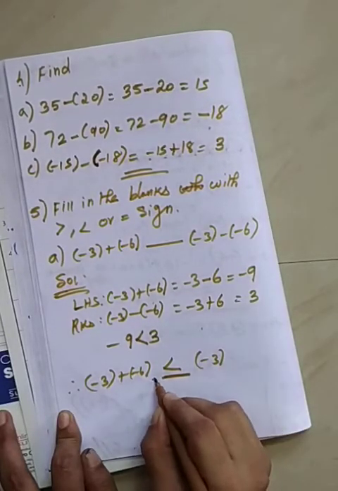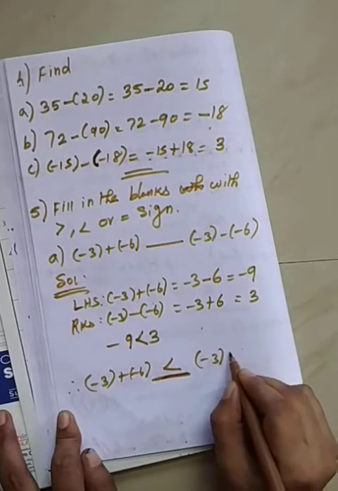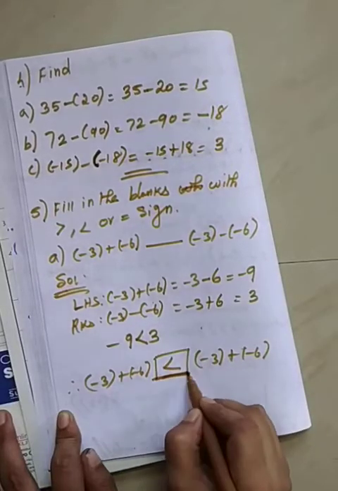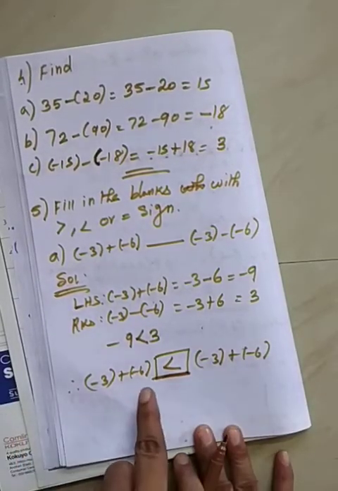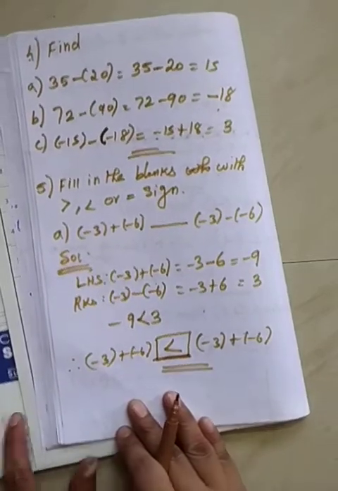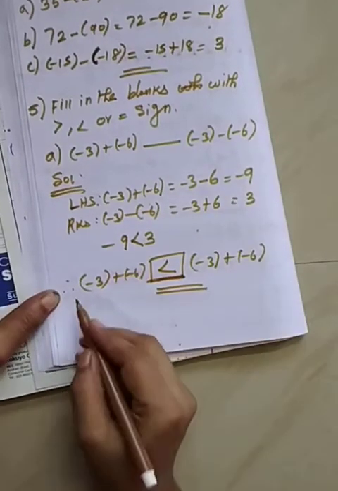This is a dash, not less than or equal to. I have to put the box. Don't get confused. So this is the answer. Clear everybody? See the next problem.